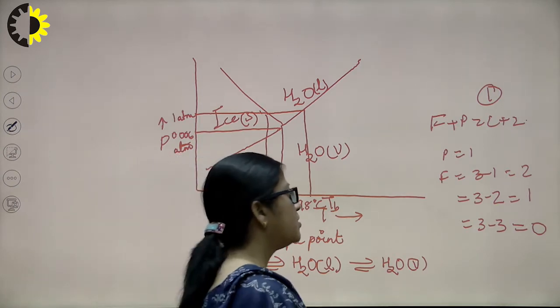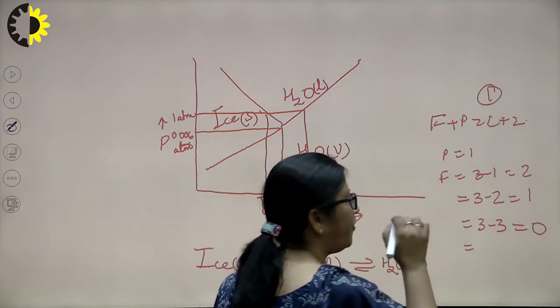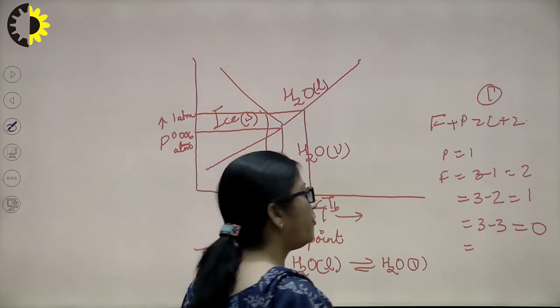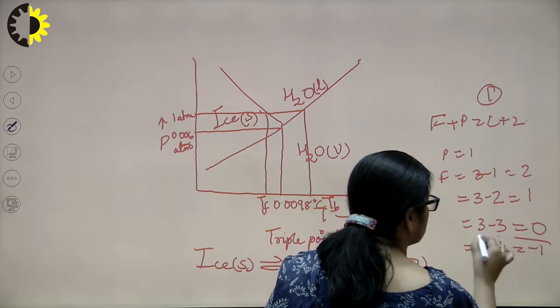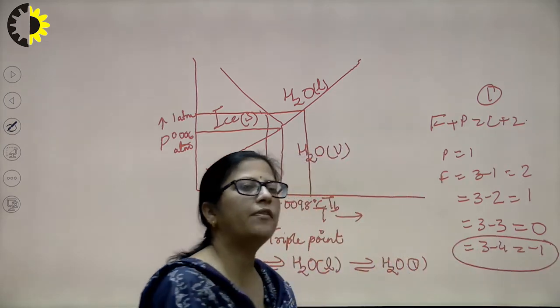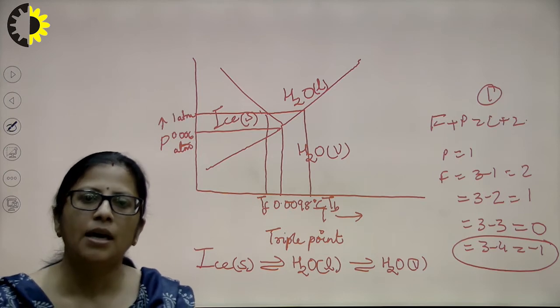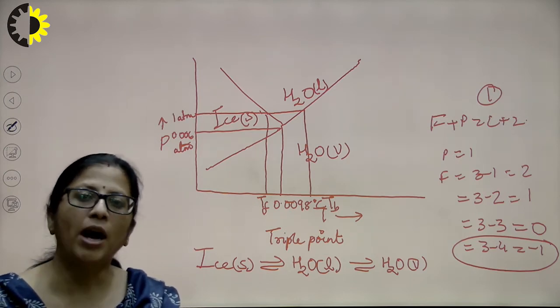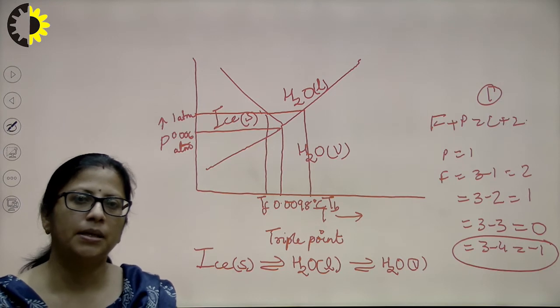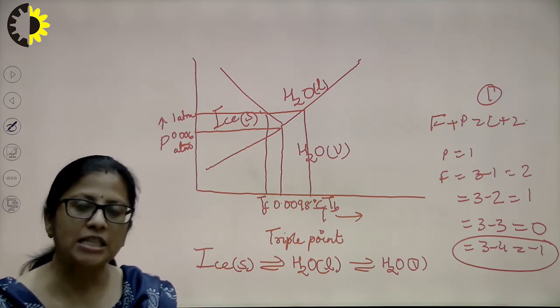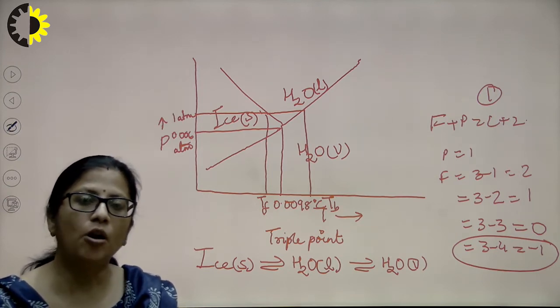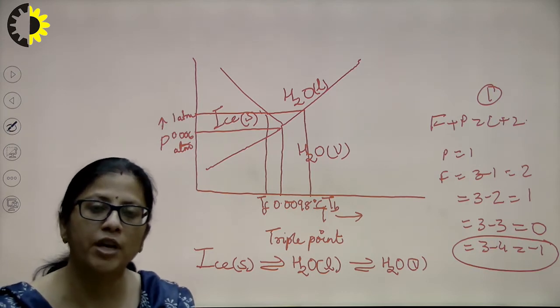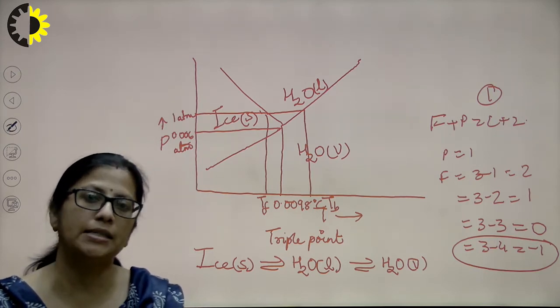And if suppose my number of phases becomes 4, then the degree of freedom will become -1, which means that for a one component system, the maximum number of phases which can be in equilibrium is 3. I cannot observe all 4 phases together for a one component system.